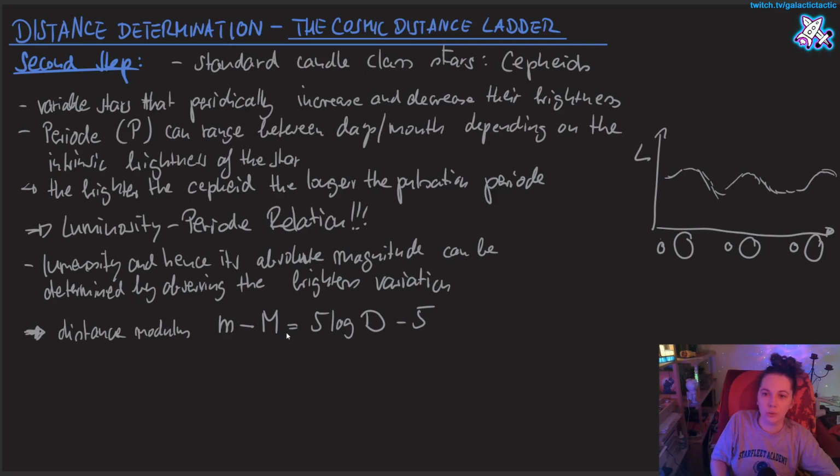So you observe the period, you know what the absolute magnitude is, and then you can rearrange it towards a distance, because we of course always know the apparent magnitude. So we compare the absolute magnitude to the apparent magnitude, and that's how we get the distance to the star. It's an indirect approach that needs calibration.